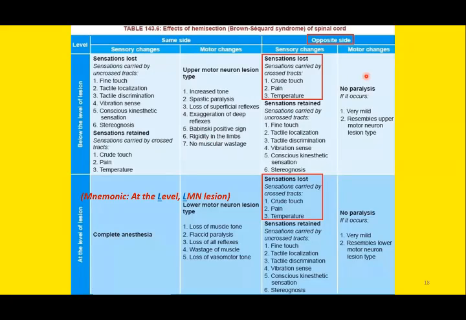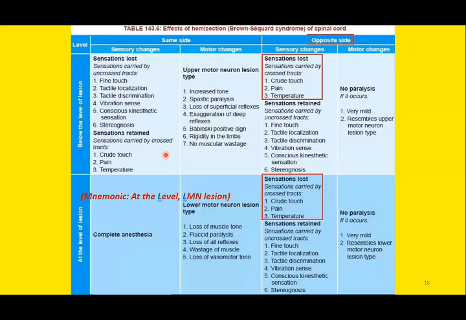The thing to remember is that there are no motor changes on the contralateral side, whether at the level of lesion or below the level of lesion. So no paralysis will be there on the contralateral side, neither at the level nor below the level of lesion.